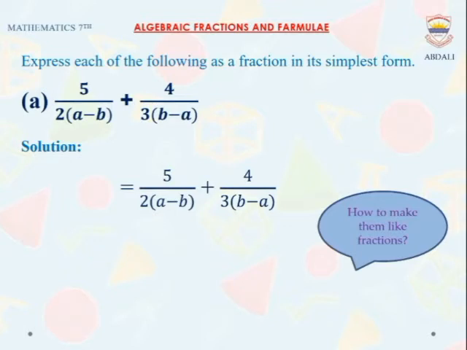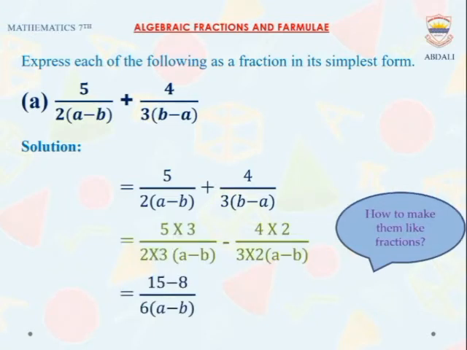We will make it a minus b and the addition will be changed into subtraction. Why is addition changed into subtraction? Because here we have taken a common minus from b minus a. So the fraction's plus sign is changed into a minus sign.